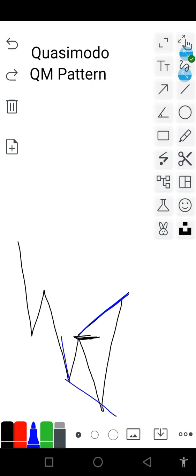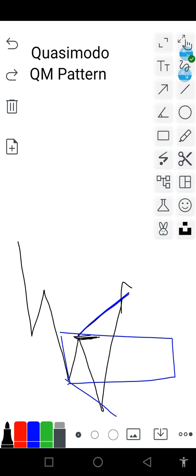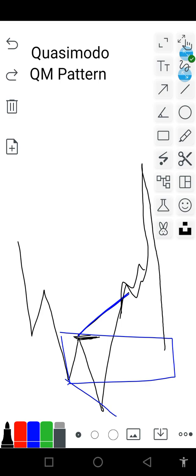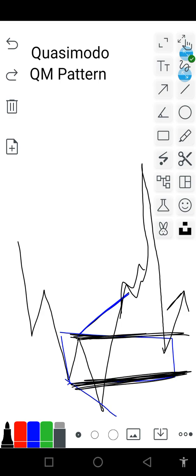So this zone now becomes the QM zone. So even if price continues to go up, so far as it has not reached that level and it comes back maybe tomorrow, that QM zone still becomes valid. Yeah, so that's the QM, that's the pattern for a buy setup.